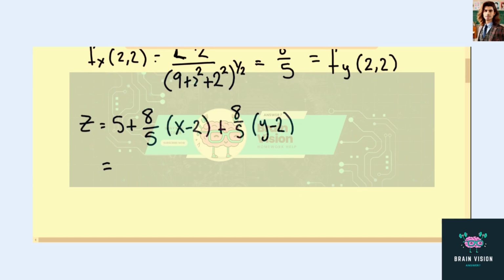You can do a little bit of algebra, and the result is 8/5 x plus 8/5 y minus 7/5. So that's the plane that we're using, and it'll be up to you to actually plot these using a decent device.